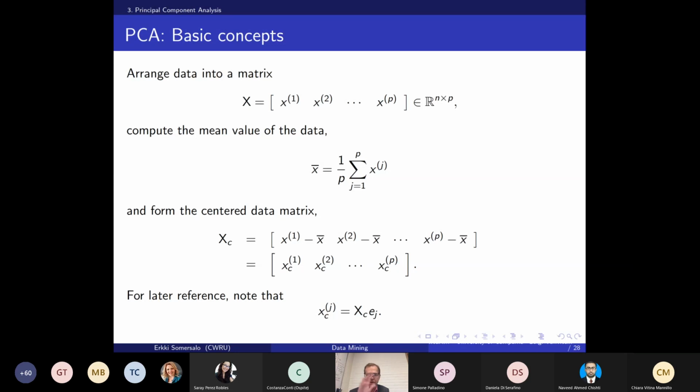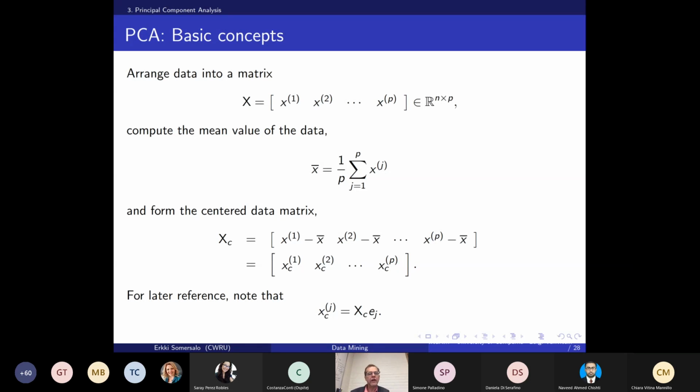First of all, I'm introducing a couple of concepts. If I have this data x1, x2, up to xp, it's often nice to move the data around the origin. What that means is that I'm subtracting the mean value from each one of those vectors. This is a process which is not necessary, but I'm doing it here for the sake of definiteness.